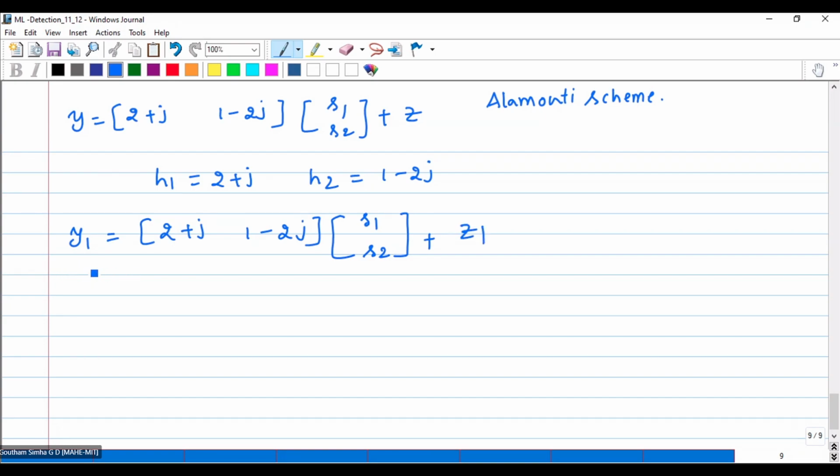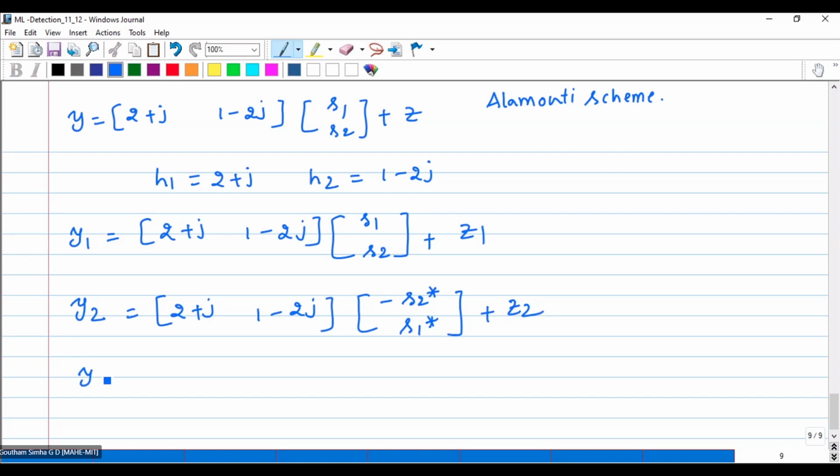Now in the second transmit, y2 will be somewhere like this: 2 plus j and 1 minus 2j, with S1, S2 transmitted, and I might have taken minus S2 conjugate and S1 conjugate, plus Z2.